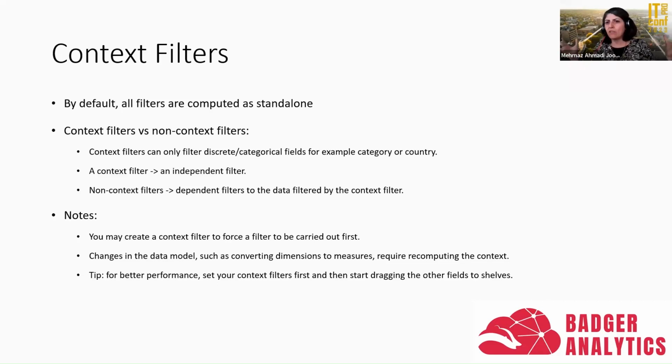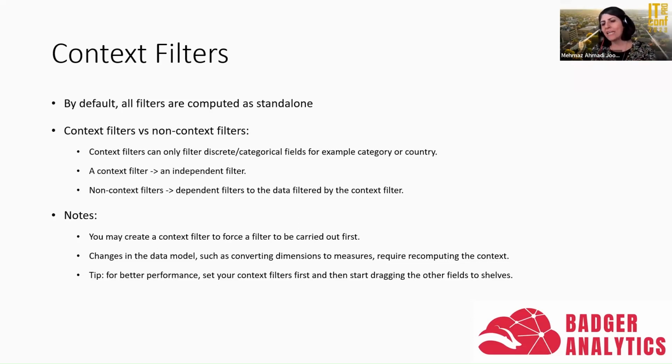And then the results are joined like an inner join or an AND operator. So anything that matches both of them is going to be shown. So now sometimes we want a filter to apply first and then the other one. We want all the other filters to be dependent on this.